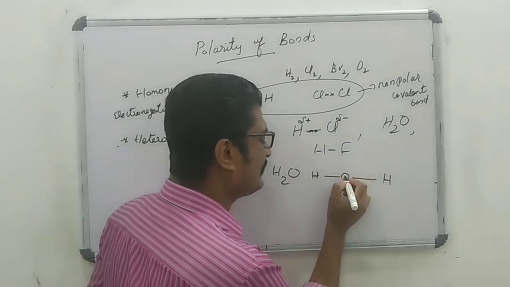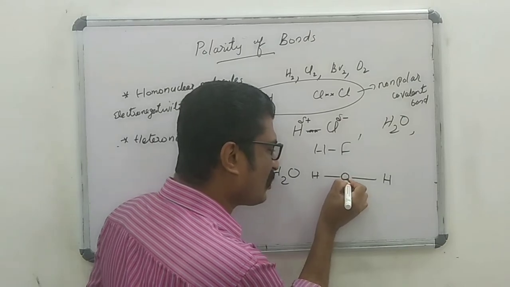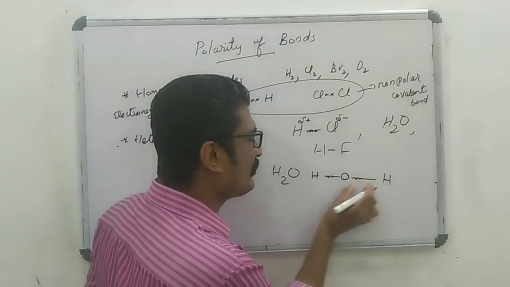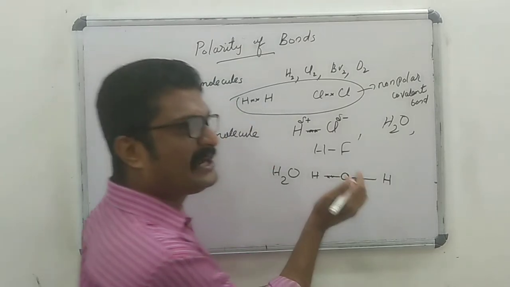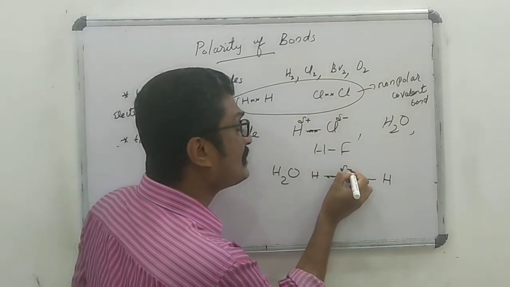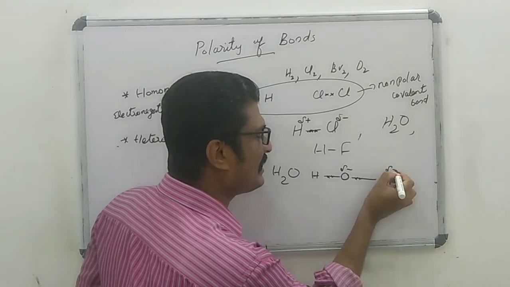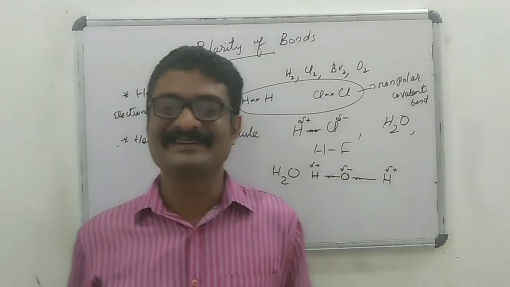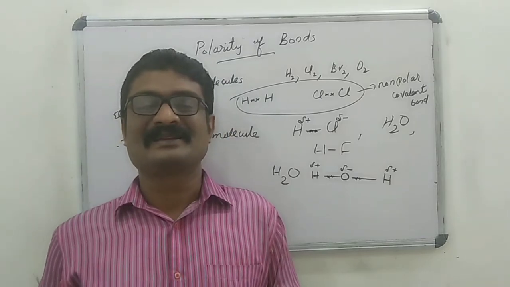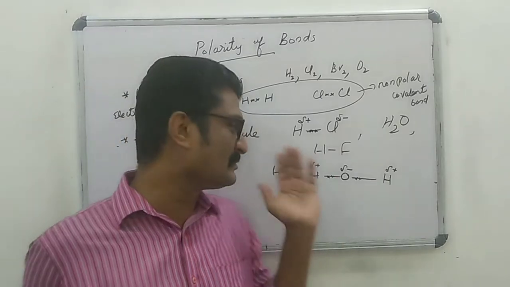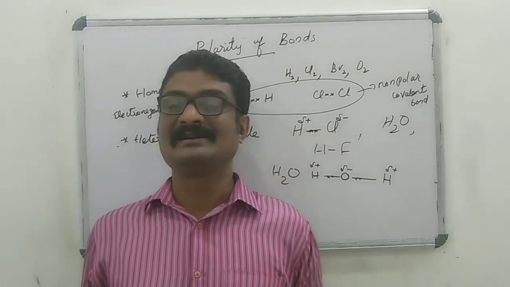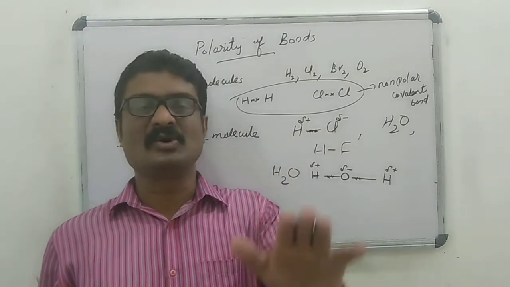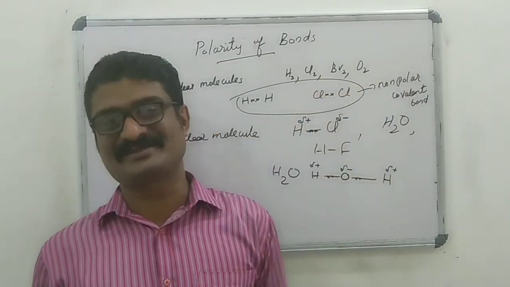Hence the electron density around the oxygen atom increases and the electron density around the hydrogen atom decreases. Molecules of this type, with partial ionic character, are called polar molecules.